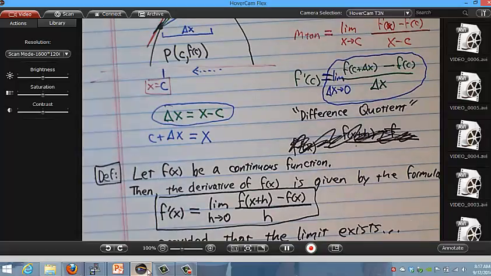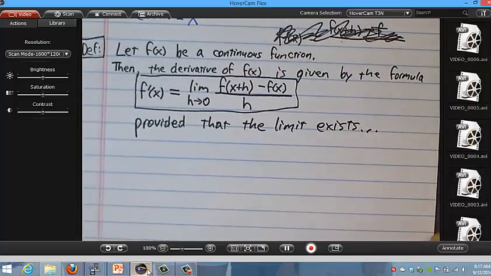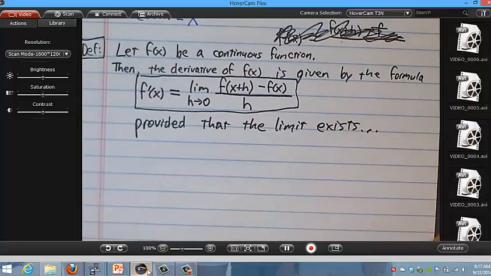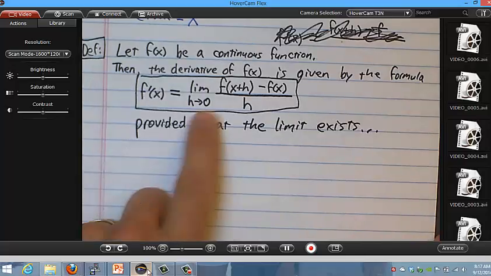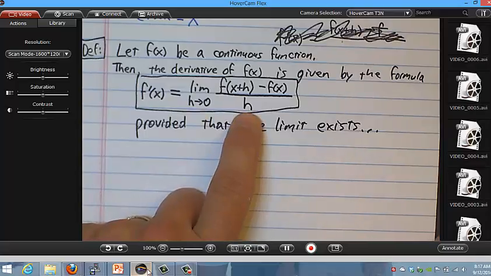So I guess the question is, what happens to my formula if I plug in a 0 for the h? Well, can I? Why not? So you'd get a 0 in the denominator.